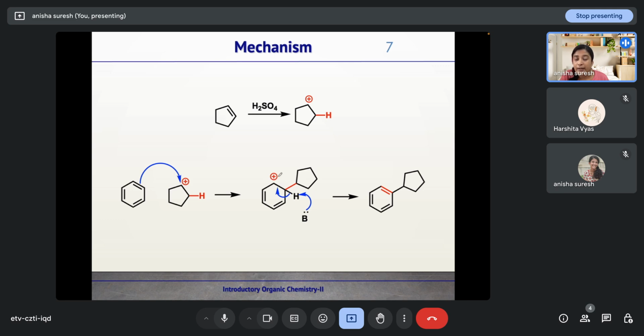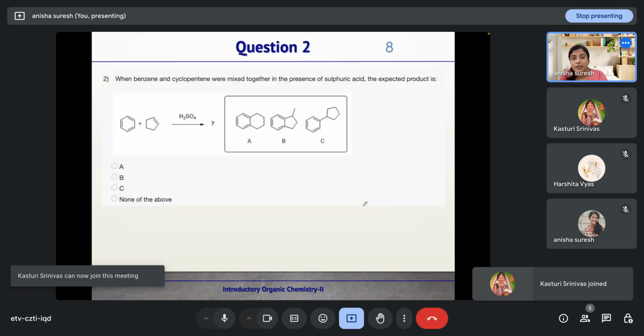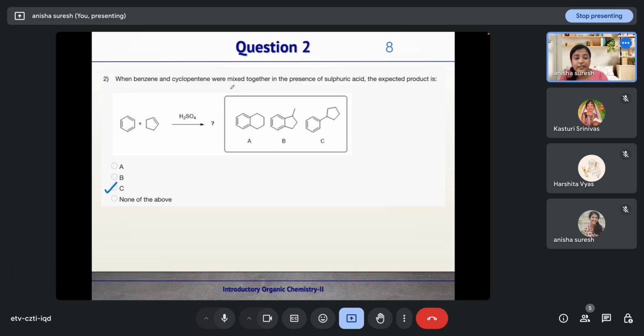Now for re-aromatization, the base that will be present in the medium can abstract the proton and then we will get the final product. So option C is the right answer. This is an example of electrophilic aromatic substitution reaction. Clear?